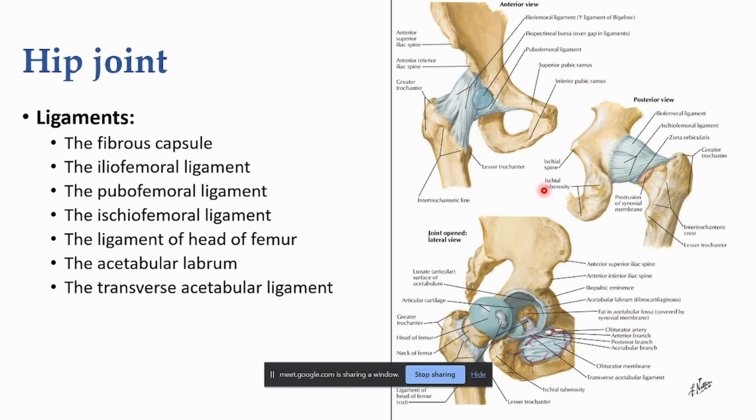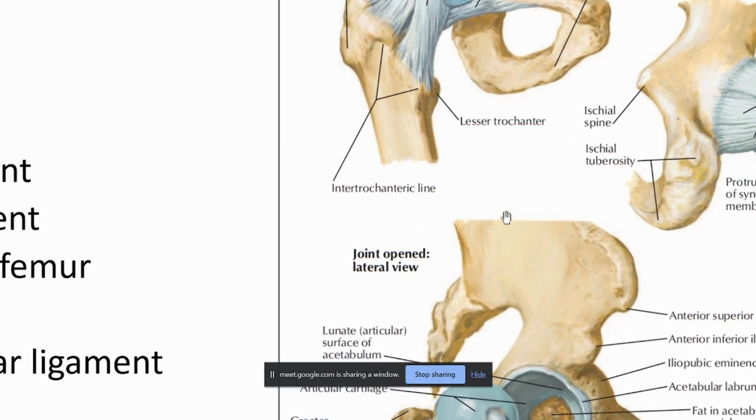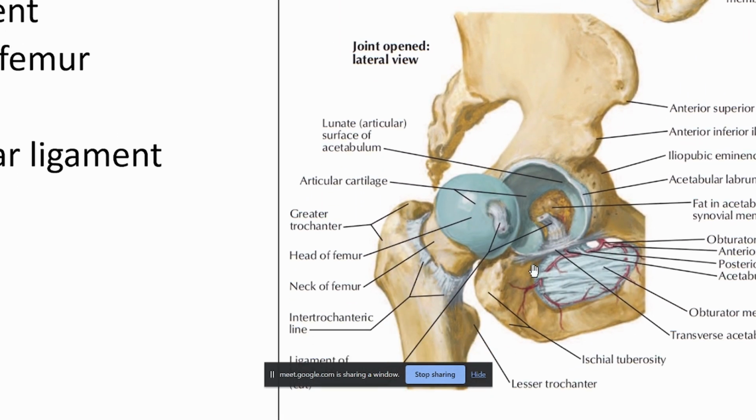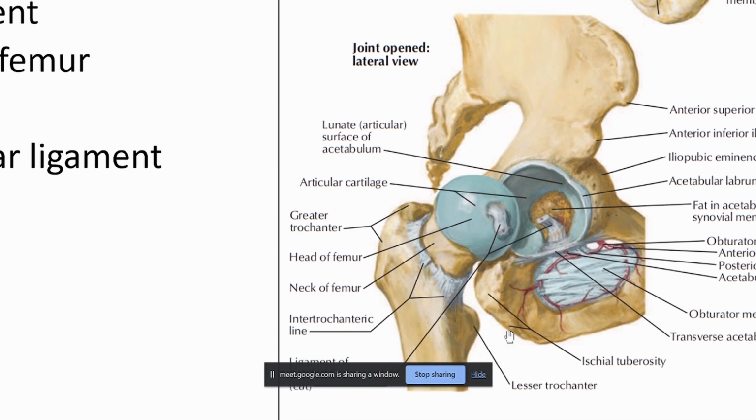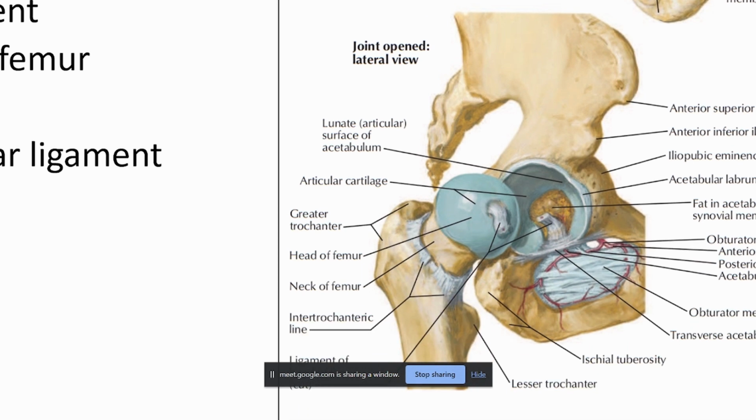There are several ligaments which provide stability and strength to the hip joint, wherein the first ligament which we will see would be the fibrous capsule.